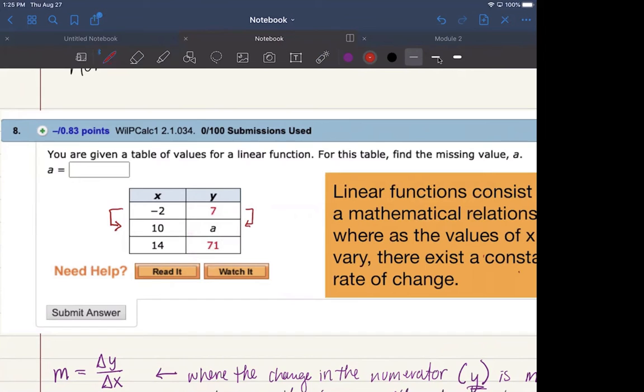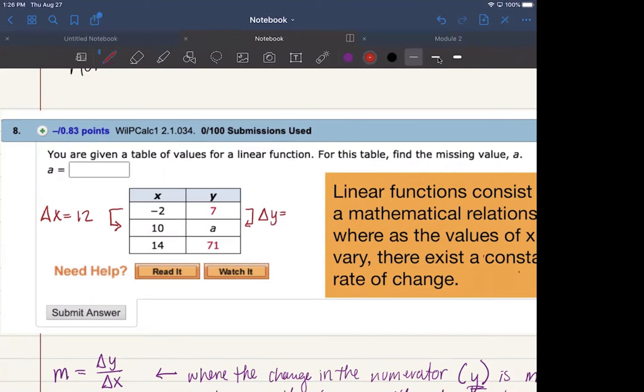So let's notice this, okay? So when x increases from -2 to 10, my change in x, okay, is 12, all right? And what is my change in y, you say?